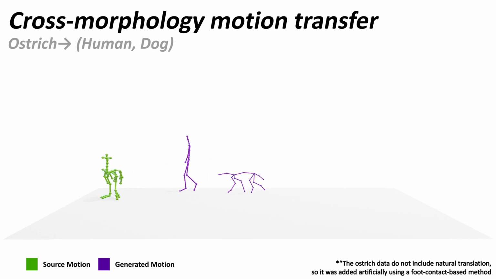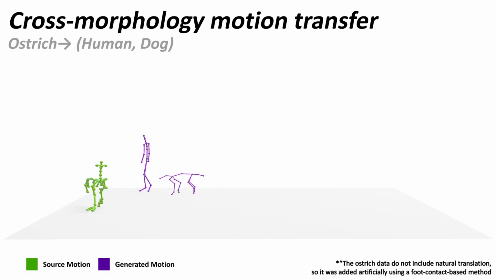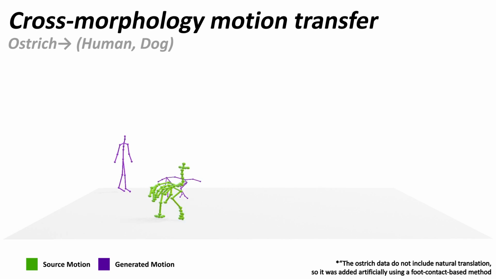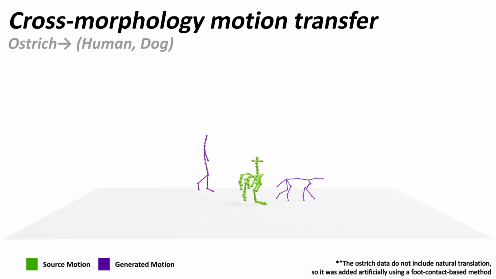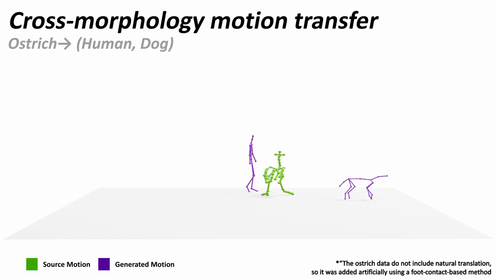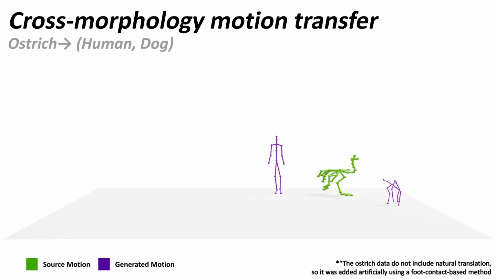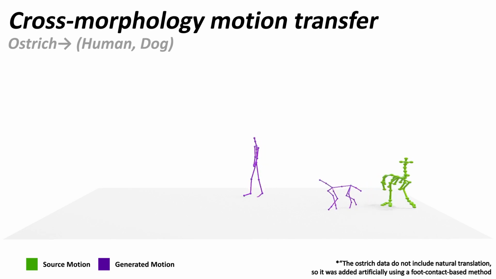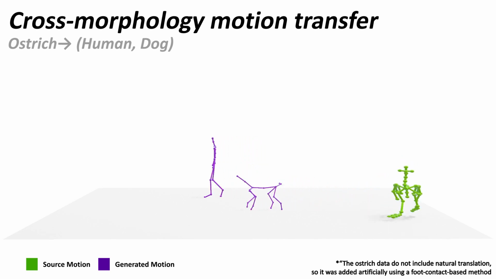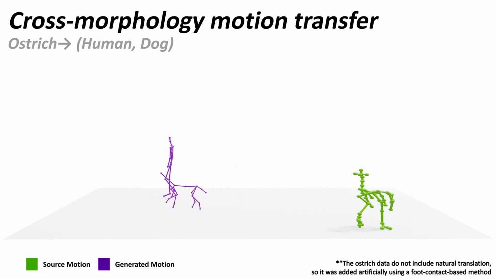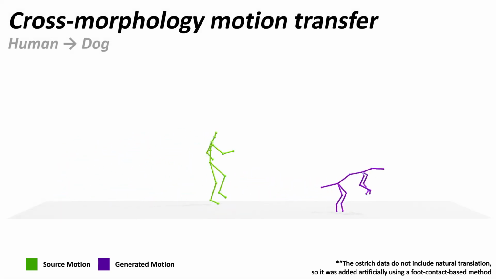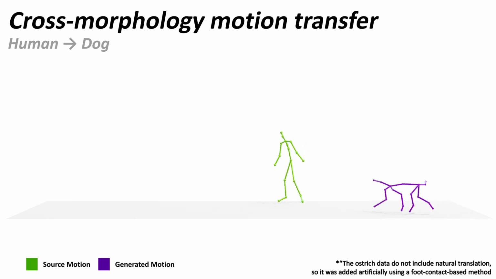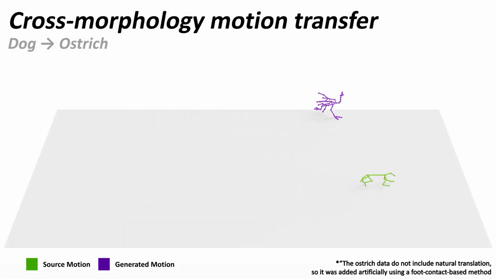Finally, ostrich walking with a turn is mapped to both human and dog motions. Here, we show additional examples, including jumping and fast-running motions.